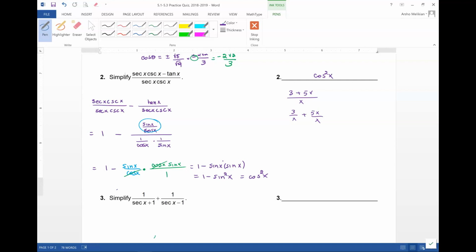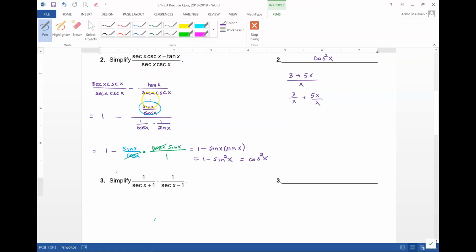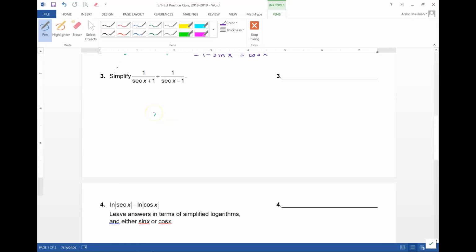You can only cancel stuff out from top and bottom if the identical thing on the top appears on the bottom, right? It's secant x cosecant x minus tangent. Because of that minus tangent, you can't cancel out the secant. Okay. Because it also applies to the negative tangent. Yeah, exactly. It belongs to both.